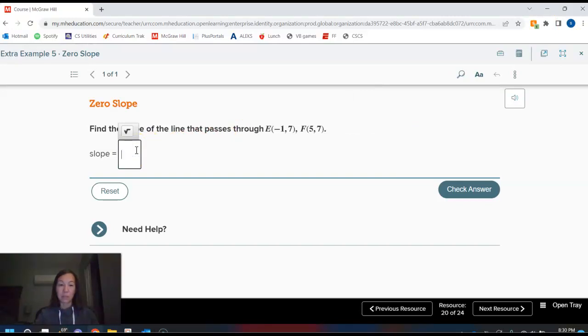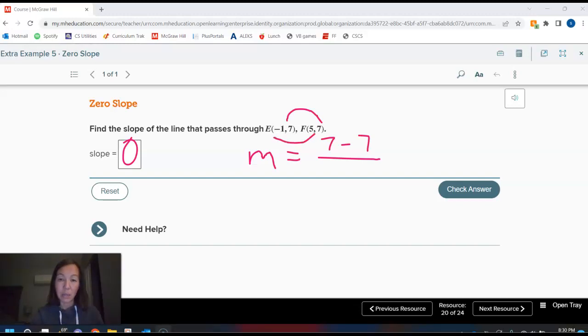I can see right away that my slope is going to be 0. But if you don't draw a picture, you have to use the slope formula, y minus y over x minus x, 5 minus -1, and you end up with 0/6, which is also 0.